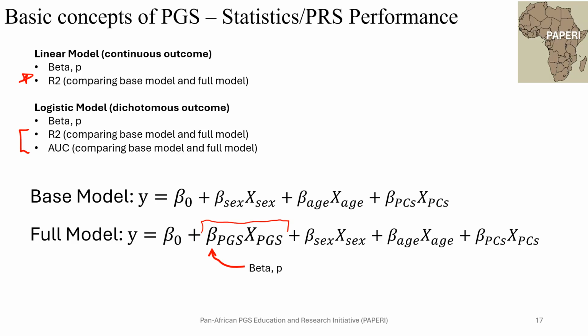The reason why is you can imagine that in the base model, these variables, sex and age, are likely to be significantly associated with the outcome. Let's say we're looking at colon cancer as the outcome, right? If there are any sex differences in colon cancer, and if older people get colon cancer, then both sex and age will be significantly associated, right? And we may get an R-square or an AUC that is not zero, or is not null.